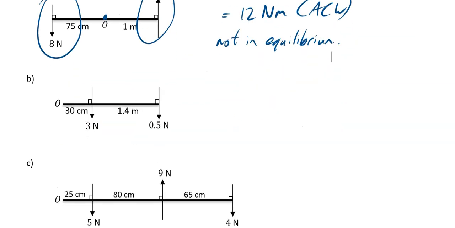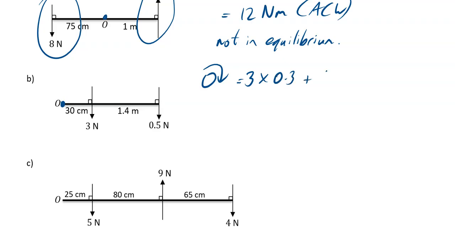Okay, next one. Again, if you resolve vertically, you're going to have 3.5 newtons going downwards, but because it's a rigid body, we need to see what the moments are. I'm going to take clockwise moment this time, and again, take moments about O. In this one, my 3 is going clockwise, and its distance is 0.3 meters.